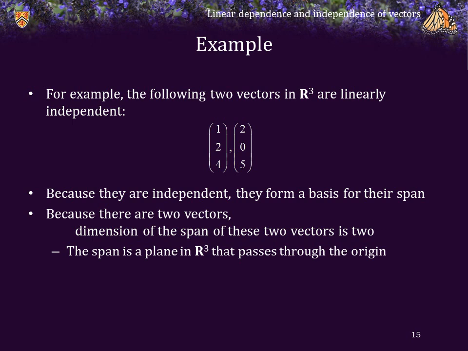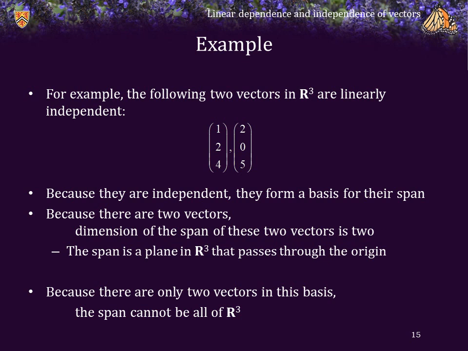The span is a plane in R^3 that passes through the origin. Now, because there are only two vectors in this basis, it follows that the span cannot be all of R^3. We're essentially guaranteed that. So basically, the span of these two vectors is a two-dimensional subspace of the three-dimensional vector space R^3.